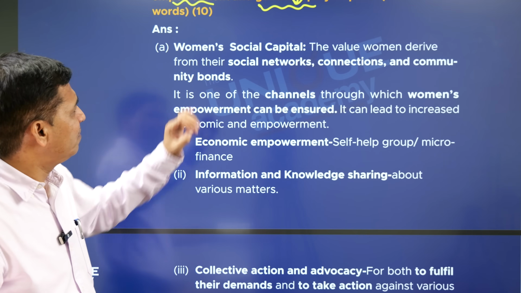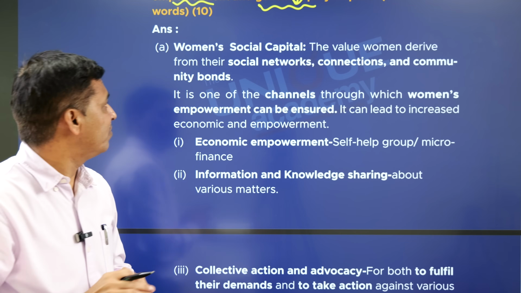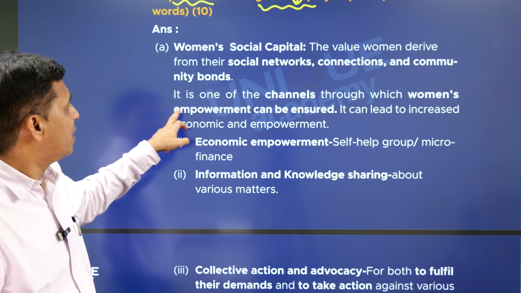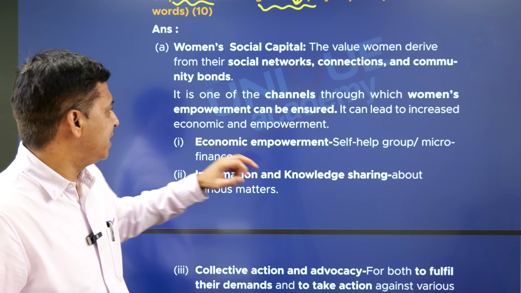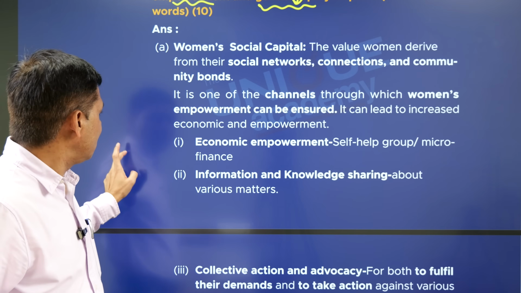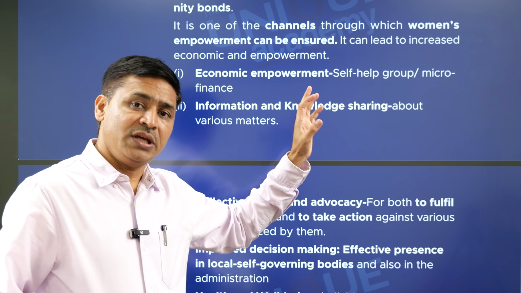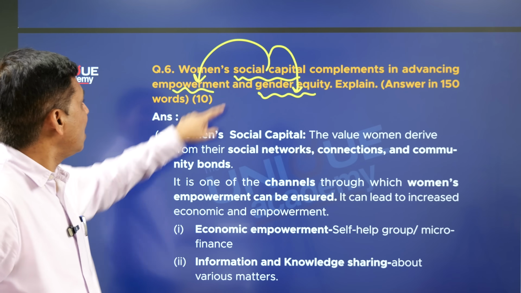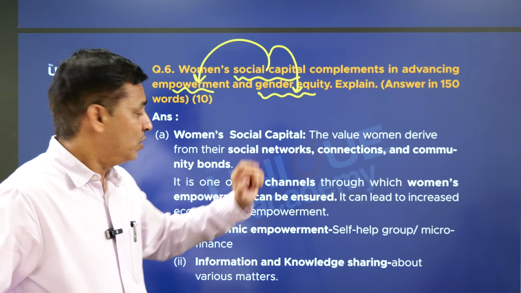Very precise. Women's social capital is the value women derive from their social networks, connections and community bonds. It is one of the channels through which women's empowerment can be ensured, and it can lead to increased economic well-being and empowerment of women.